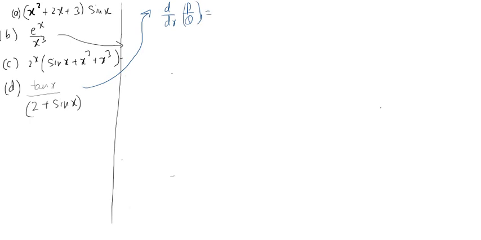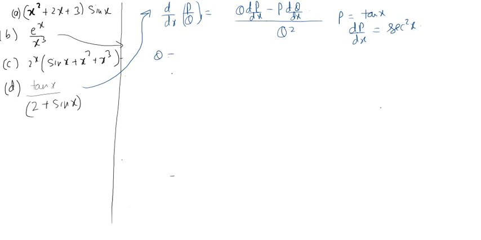The formula is q squared in the denominator and q times dp by dx minus p times dq by dx. Okay. So here p is tan x, and dp by dx will be sec squared x, and q here is 2 plus sin x, and dq by dx will be cos x.